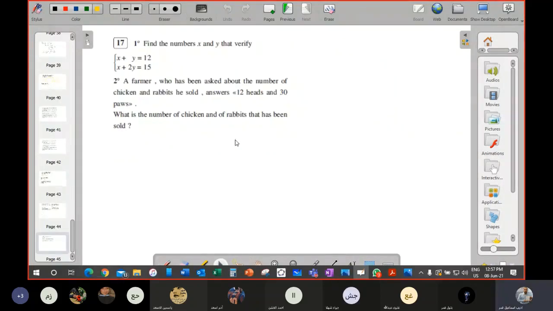Okay, Zara, read. Find the numbers x and y that verify x plus y equal 12, x plus 2y equal 15. What method do you use to solve this system? X plus y equal 12 is the first equation, and the second is x plus 2y equal 15.